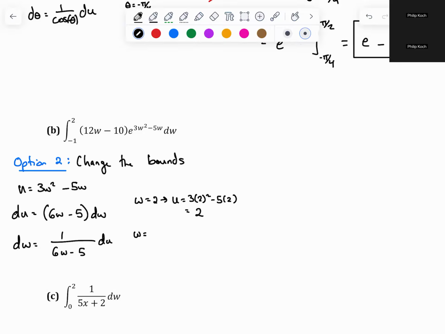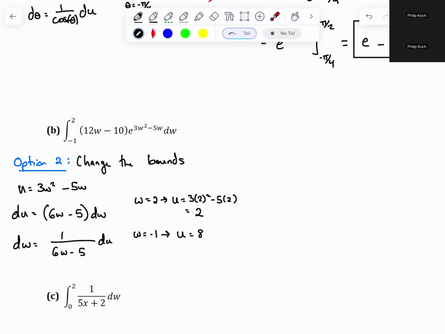And when w is equal to -1, we get that u is equal to 3 times 1 squared, 3, minus 5 times -1, so plus 5, so that would be 8.